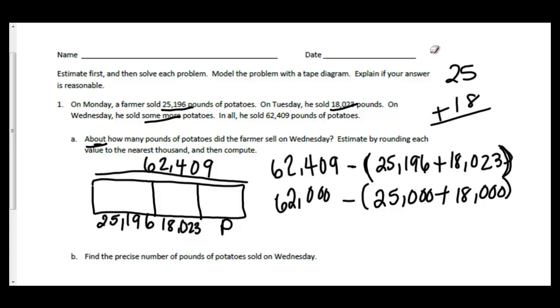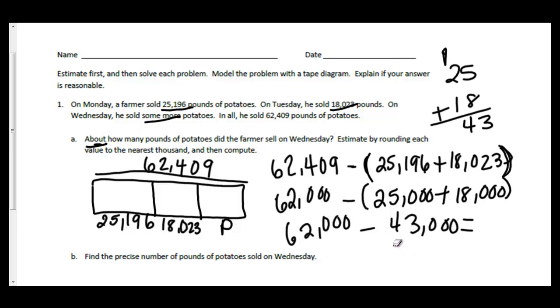So I'm going to have 62,000 minus 43,000. You could come up here and write 62 minus 43. I know 62 minus 40 is going to be 22,000.